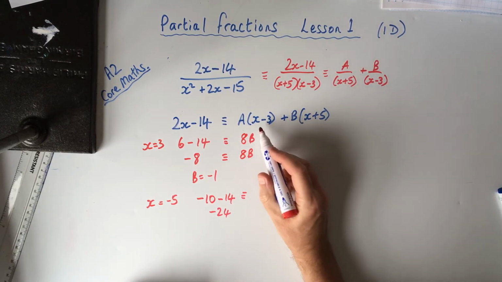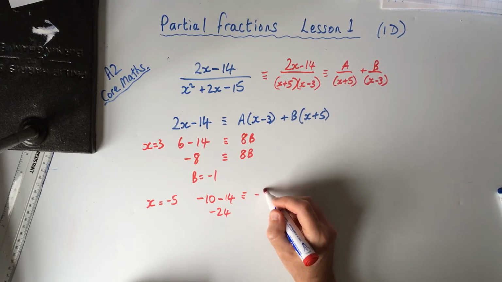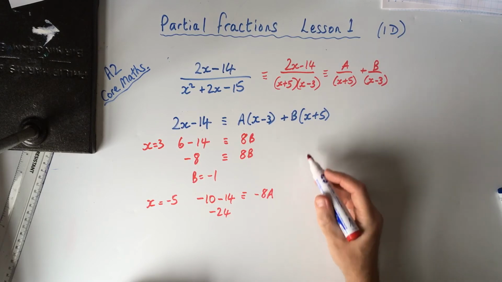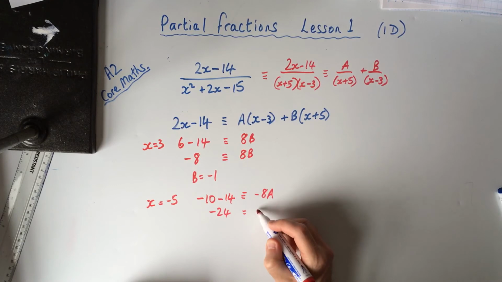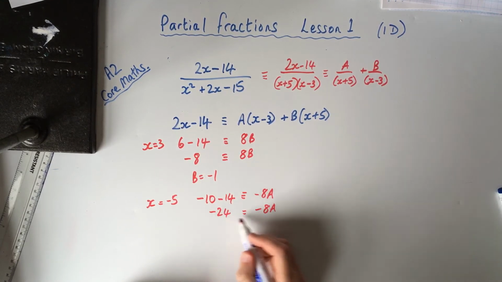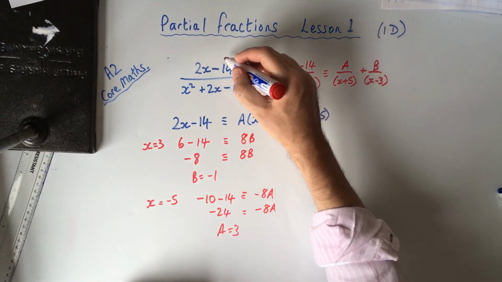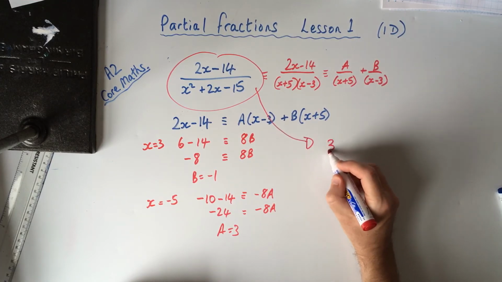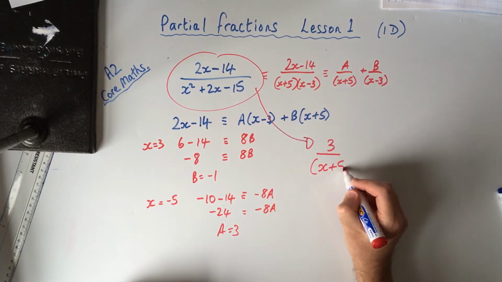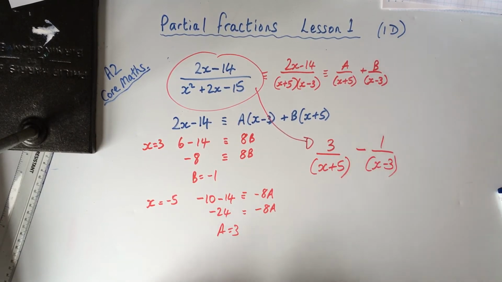And we've got x is minus 5, so we've got minus 8a, and all of this is 0, so we've got minus 24 is minus 8a, divide both sides by minus 8, so a is 3. So as partial fractions, all of that is going to be, a was 3, so 3 over x plus 5 minus 1 over x minus 3. Okay, and that's the first section.